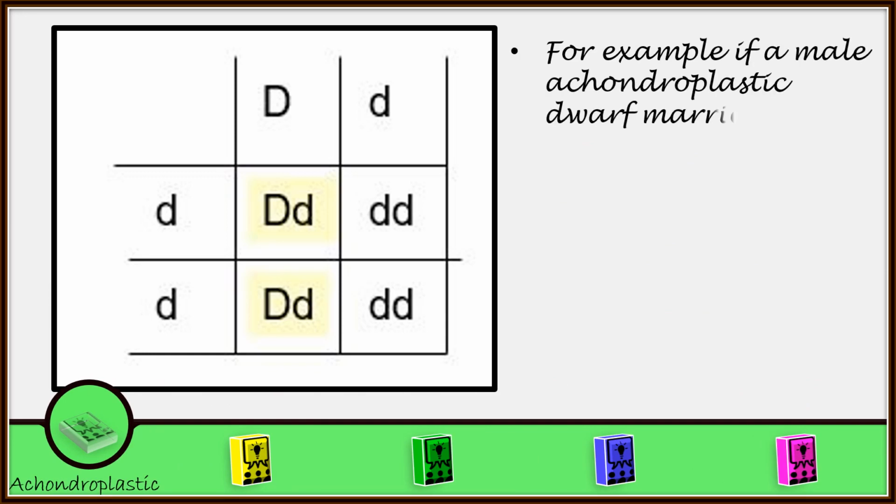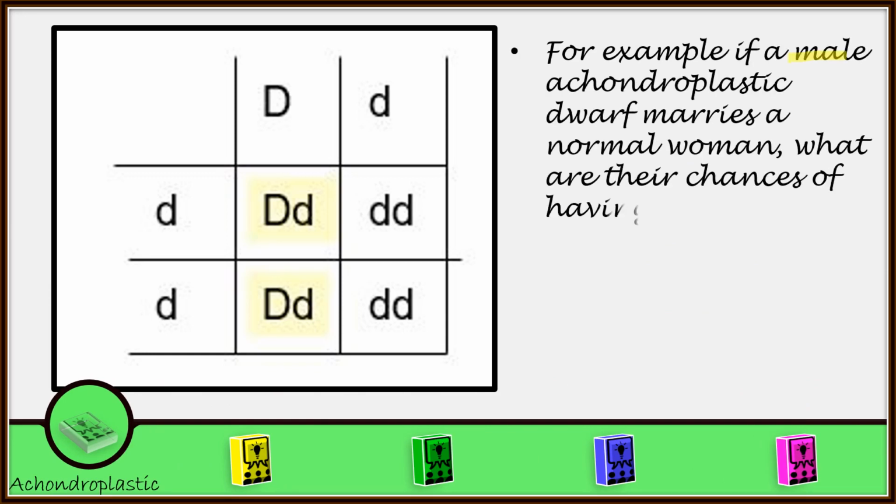For example, a male achondroplastic dwarf marries a normal woman. What are the chances of them having an affected child?